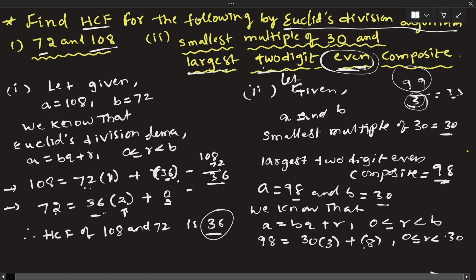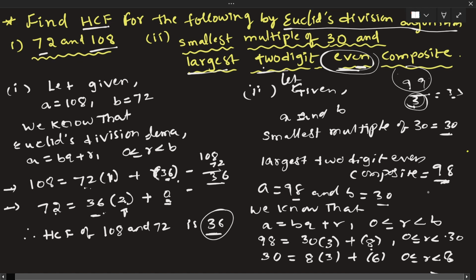The division statement is applied until we get the remainder value 0. So the next time, the previous divisor 30 becomes the dividend and the previous remainder becomes the divisor. How many times does 8 divide 30, and what remainder does it give? 8 divides 3 times. 3 times 8 is 24, and the remainder is 6, where 0 ≤ r < 8.